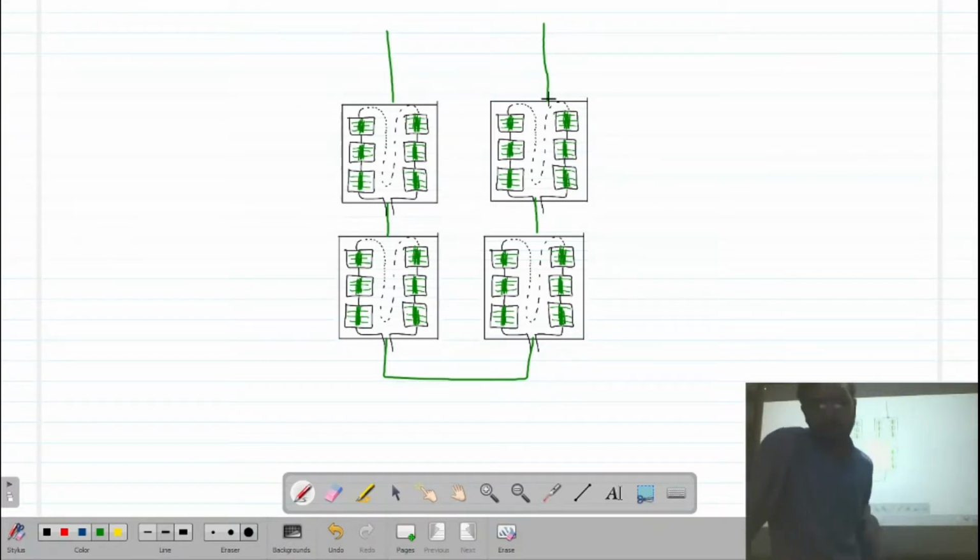So over here also we can think of, if this module gets damaged, then the current flowing through these terminals will be blocked.